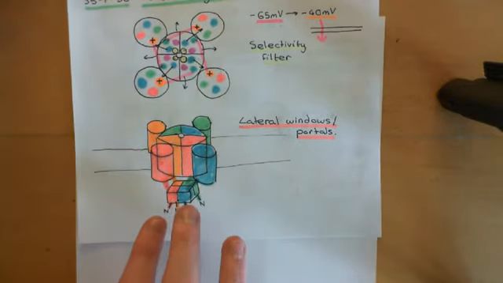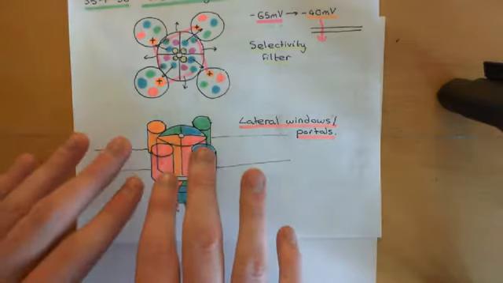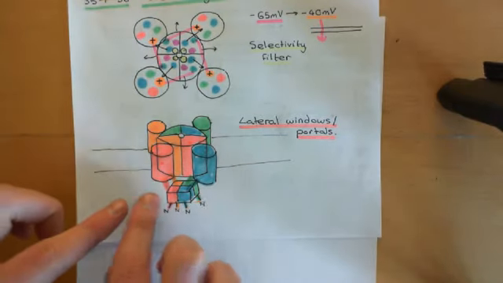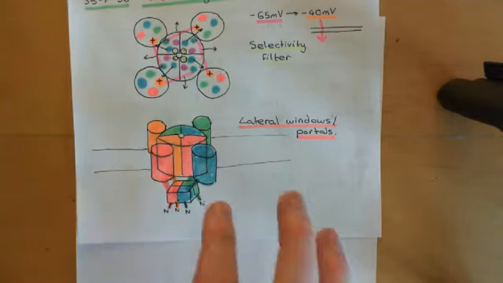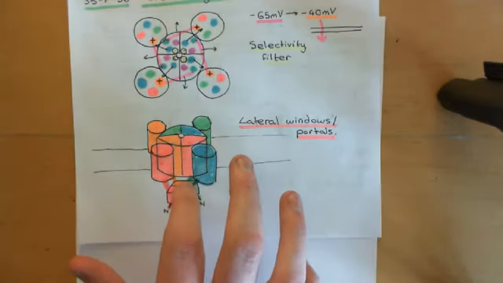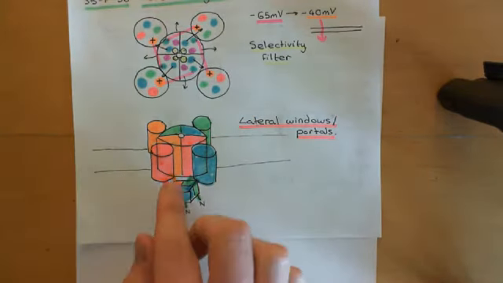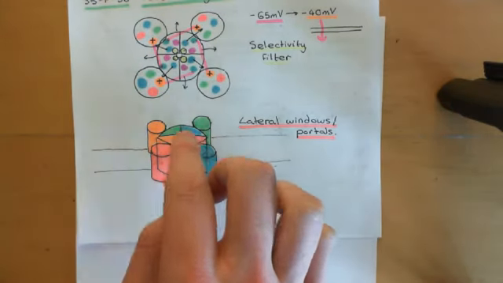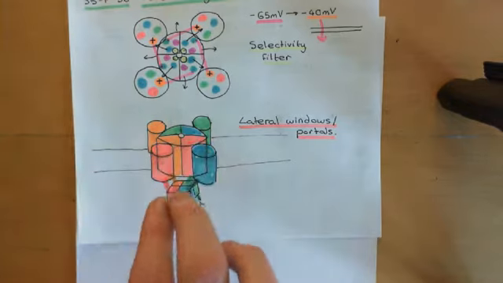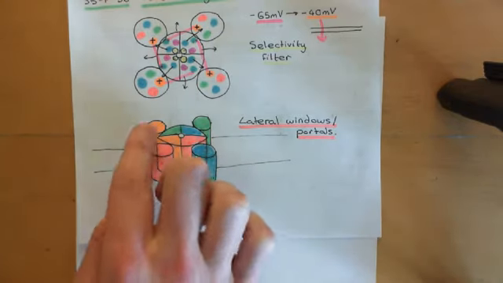Now we have lost the T1 tetramerization domains, so in this picture you can imagine taking those T1 tetramerization domains out, and then instead adding in these calmodulin binding domains, which will be dangling underneath the pore-forming domains of each of the individual subunits rather than the voltage sensing domains.